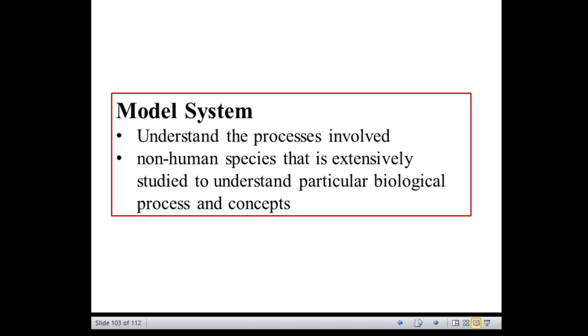So we can consider these relatively small number of organisms as models for understanding the process involved.